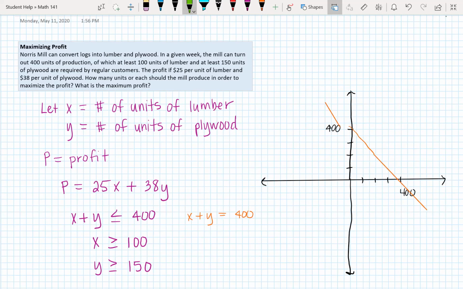The second line is going to be x equals 100. Which is going to be here. And then the other line is going to be y equals 150. So that's going to be here.